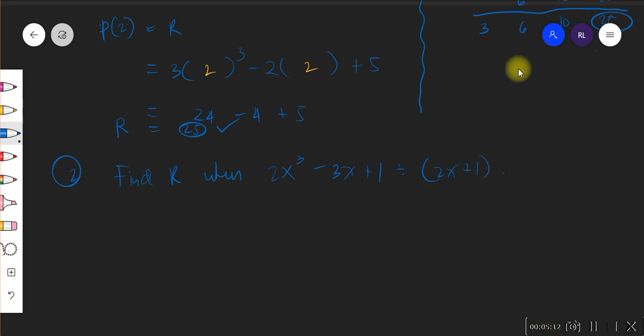Set this to 0: 2x plus 1 equals 0, so x equals negative 1 half.